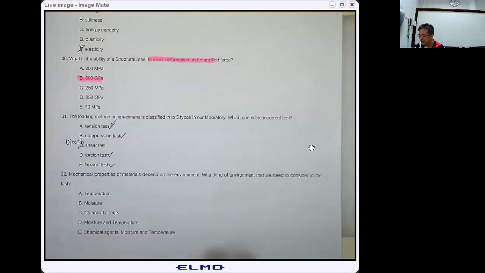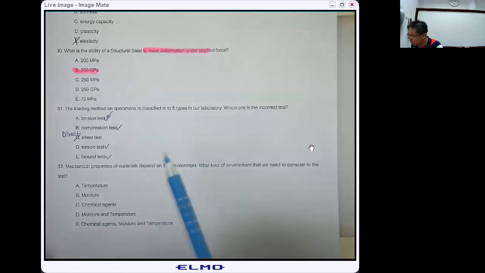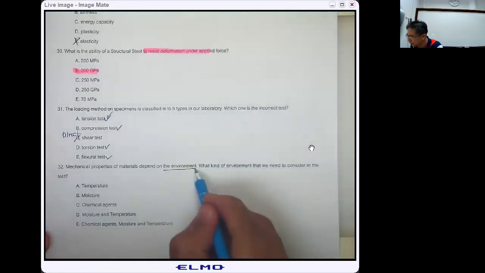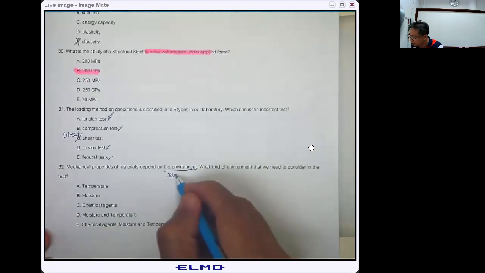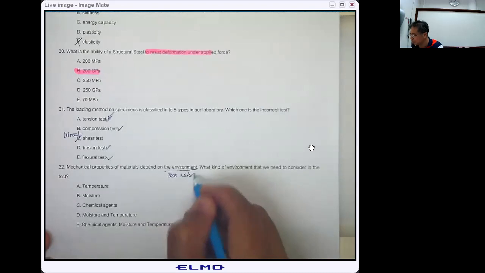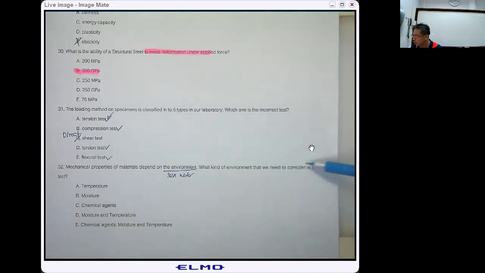Okay. 32. Mechanical properties of the material depend on the environment, such as in the sea water, for example, or the water treatment plant. What kind of element do we need to consider in the test?